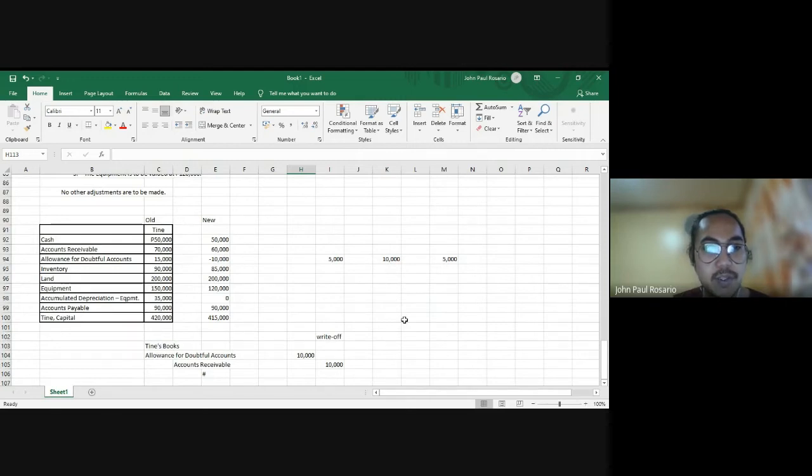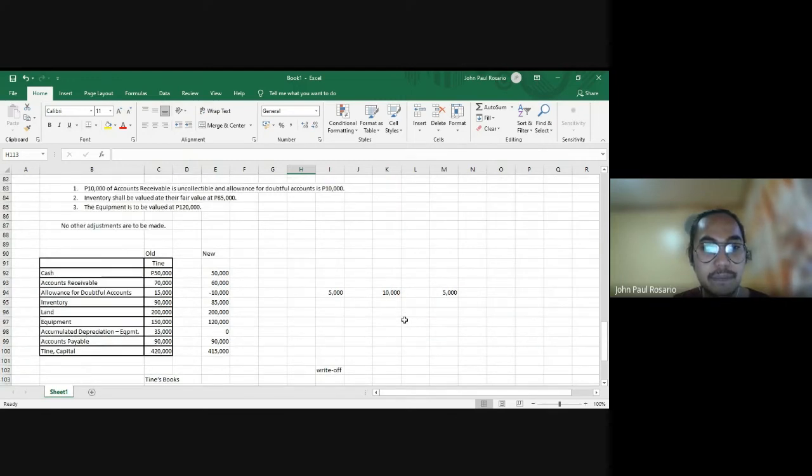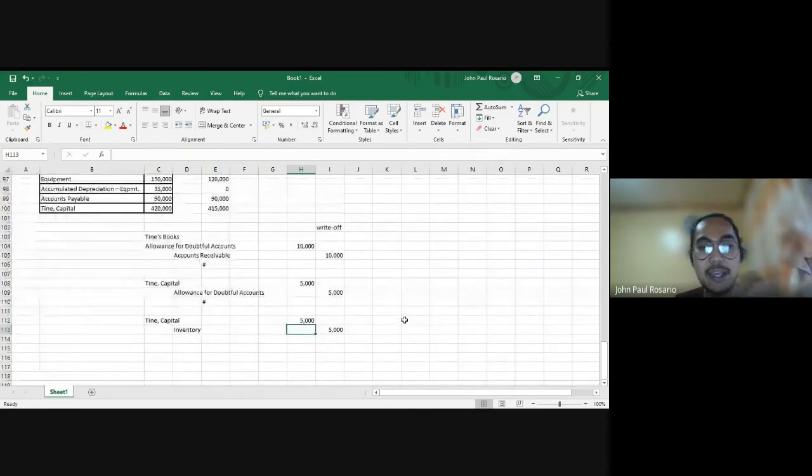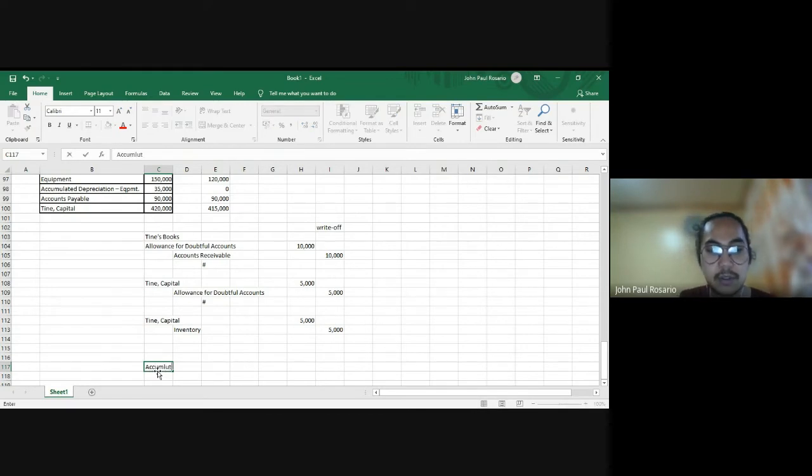So the equipment is to be valued at 120,000. For the equipment, we can do it in two different ways. First, we close the accumulated depreciation first, so again, we have to reduce the balance of the accumulated depreciation to zero. So accumulated depreciation, equipment.